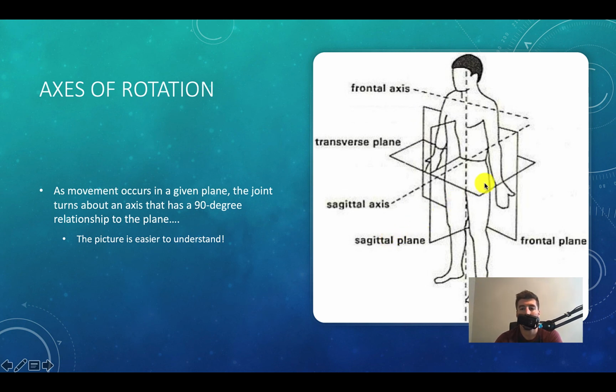And if you're moving in the transverse plane, you're going to have a longitudinal axis that's running perpendicular to that plane. And if you're moving in the sagittal plane, you're going to have a frontal axis that's going to be essentially running 90 degrees to that plane. And you can see that here, right? So you've got the planes and you've got the axes. Those dotted lines are really representing the axes of rotation.